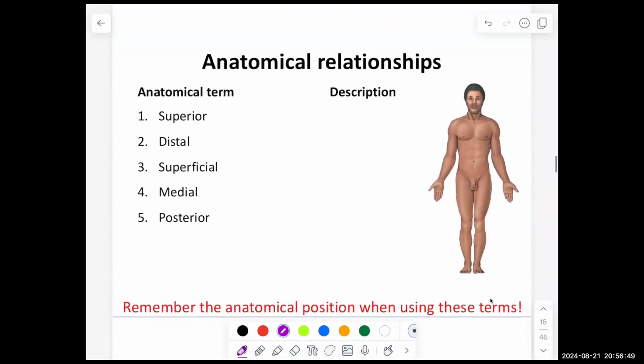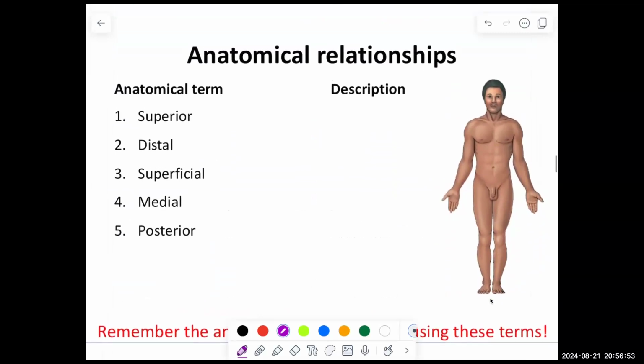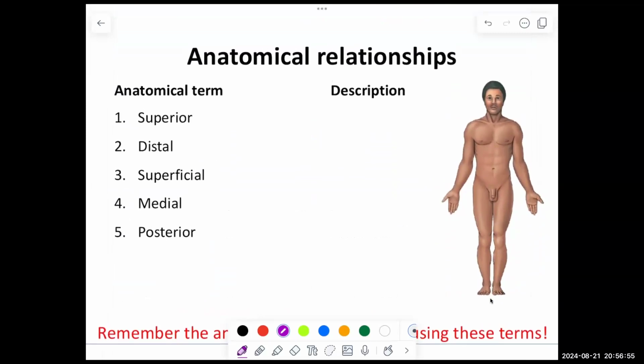Anatomical relationships. So this is describing positions. Superior. This literally means above. Please note for superior, pay attention to this because someone's going to get frustrated with this.